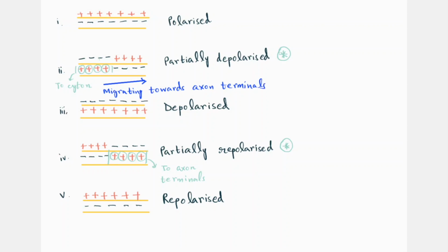This is how the nerve impulse is conducted, right? First, the axon hillock gets depolarized, then the adjacent part gets depolarized, then the adjacent part, then the adjacent part. So essentially, the positive charge on the inside of the cell keeps on migrating from the left to the right of the cell, right?